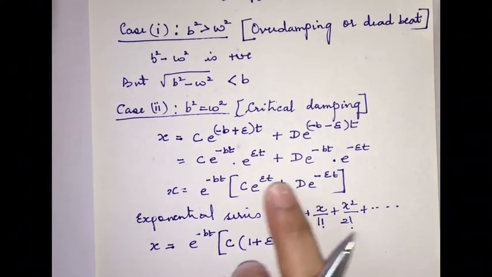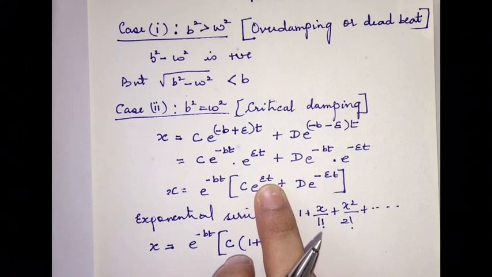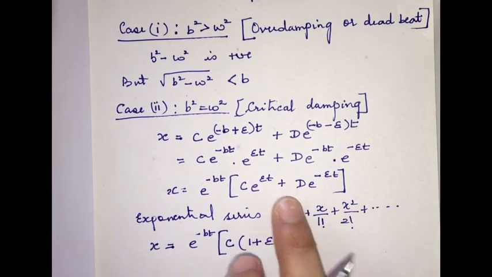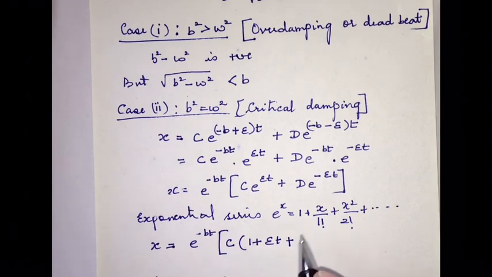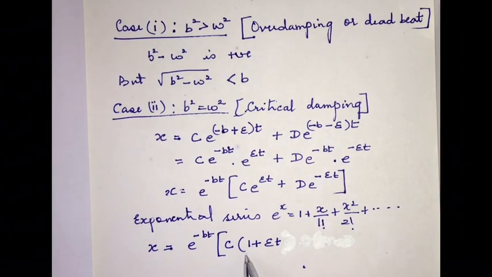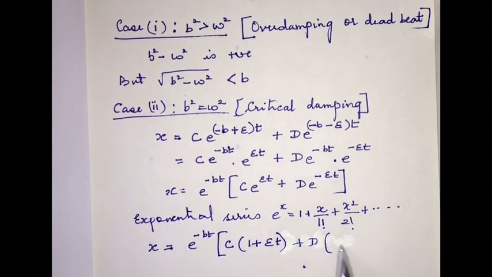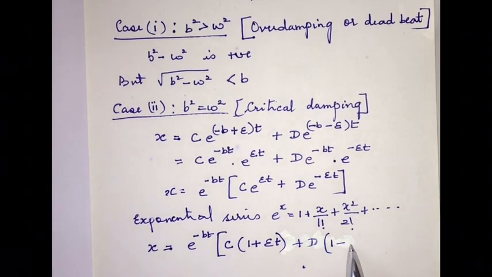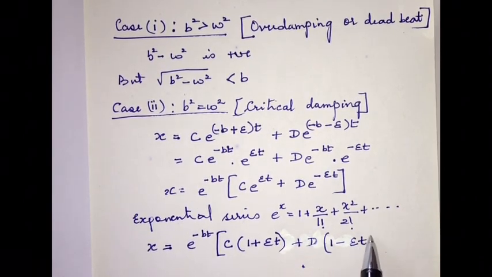We know that epsilon is a very small value, so its square will be a further smaller value, so we will not use the further terms because they are almost negligible. So it will be c into 1 plus epsilon t, then d into the expansion of this, that is 1 minus epsilon t. Again we neglect the further terms.